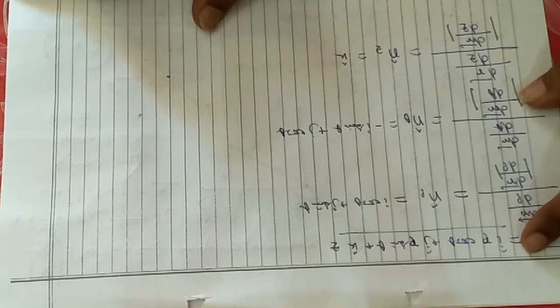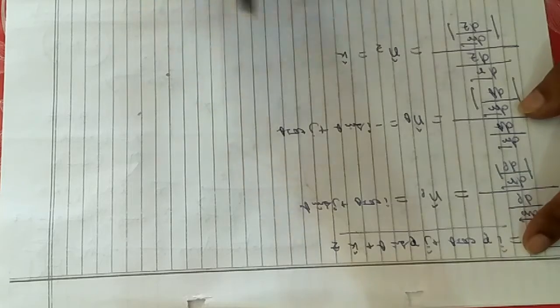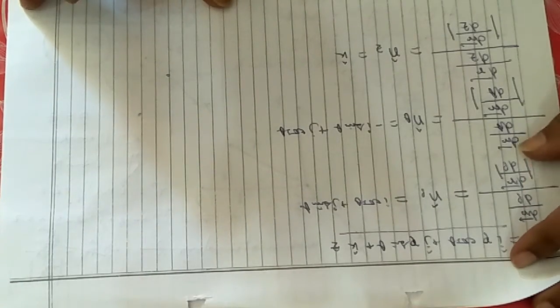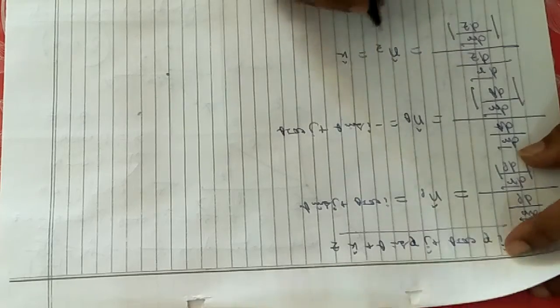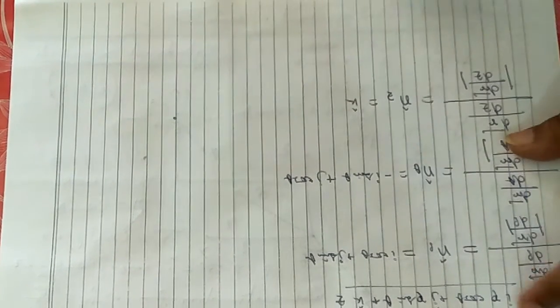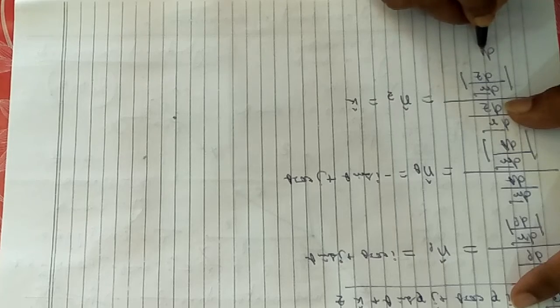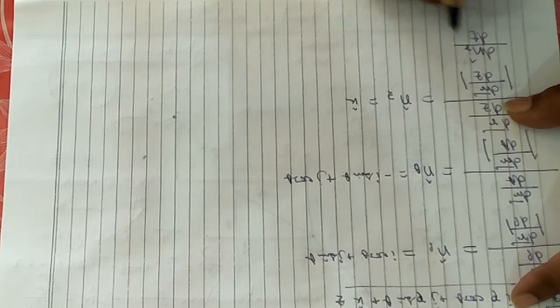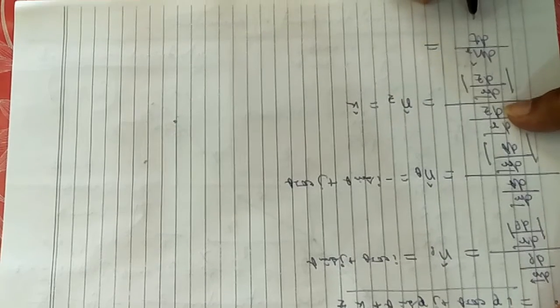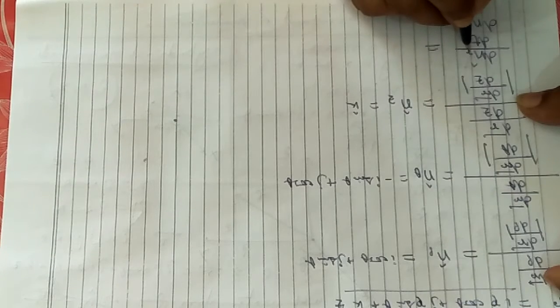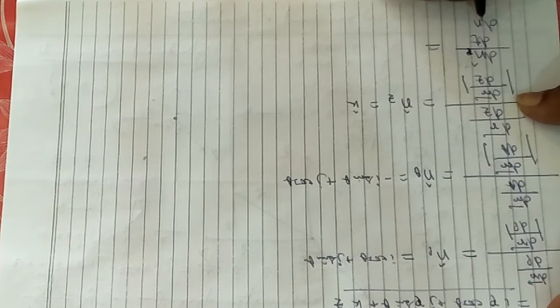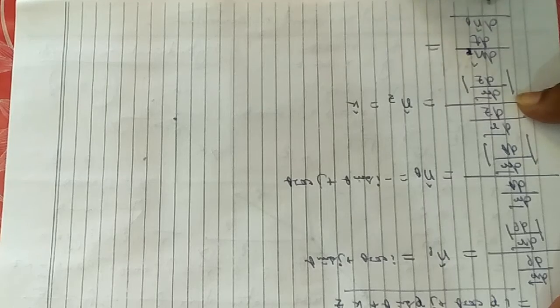So if you want to calculate some more that will be required for further calculation, that is d n rho cap by dt and d n theta cap by dt.